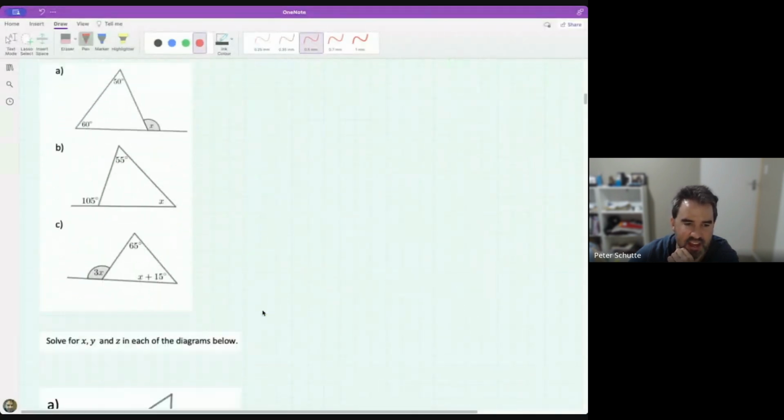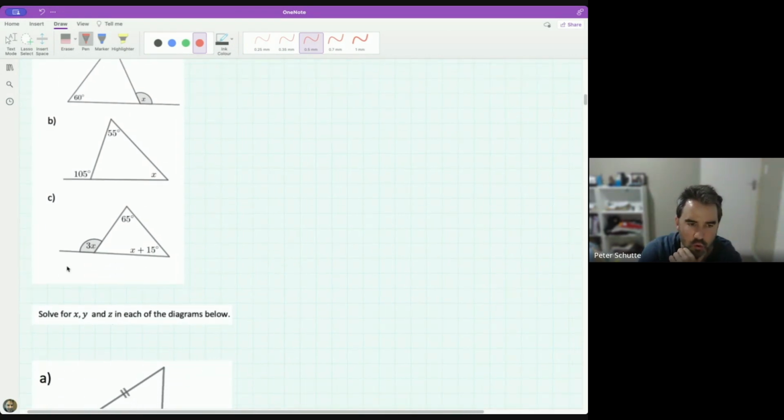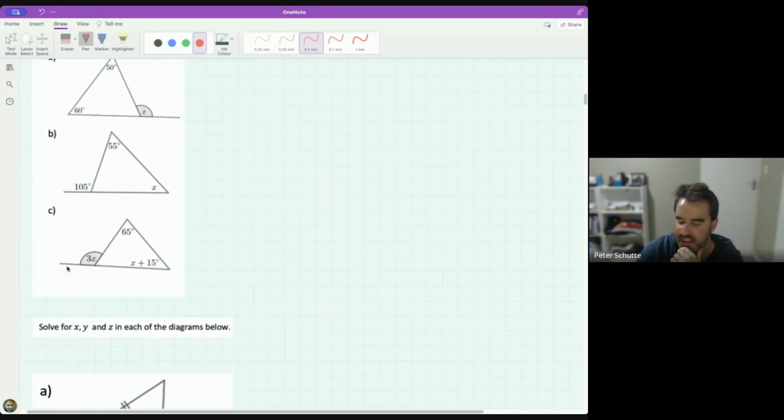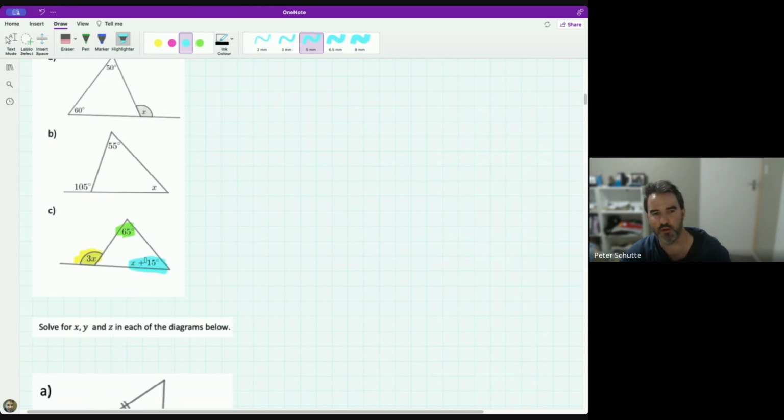Let's take the same idea as we were dealing with here, and I'll give you a hint. The theorem is called the exterior angle of the triangle. We learn in grade 9 and 10 geometry that the yellow angle here, 3x, is equal to the green one plus the blue one. It's called the exterior angle of the triangle theorem.